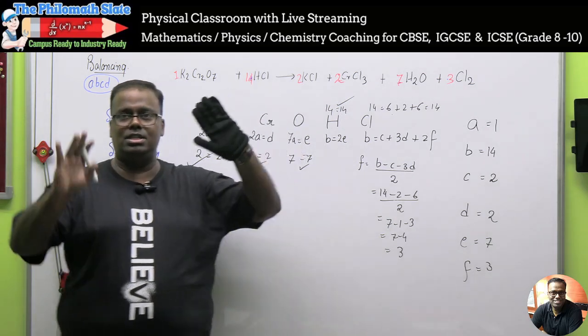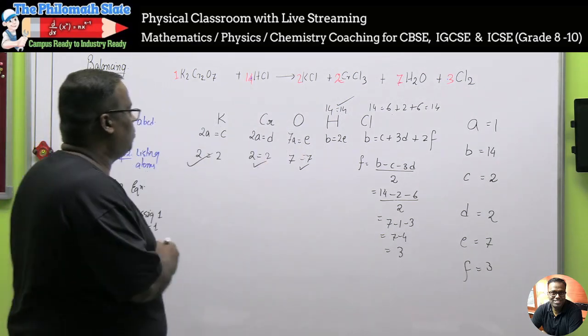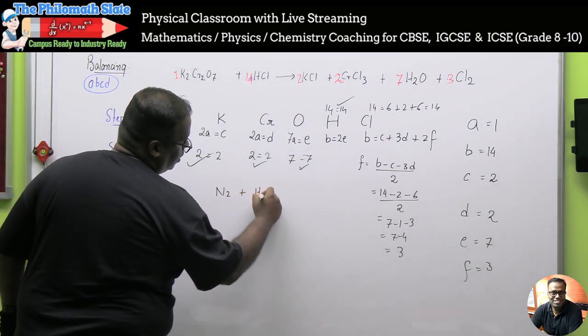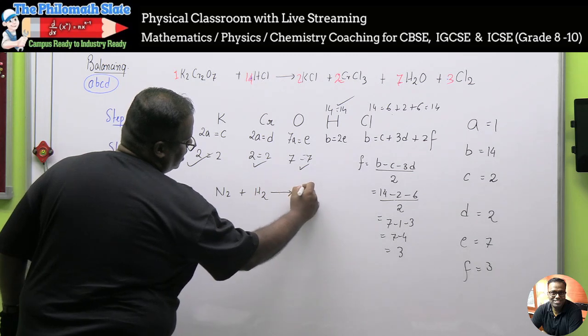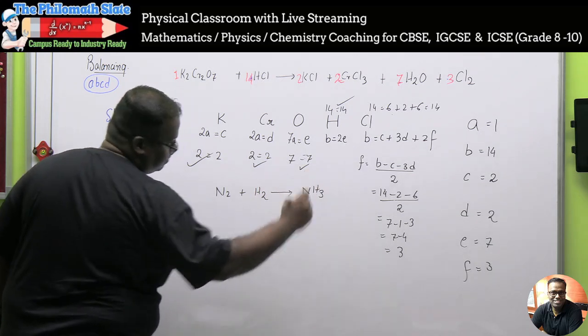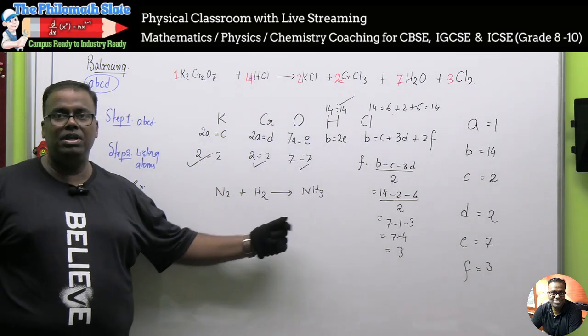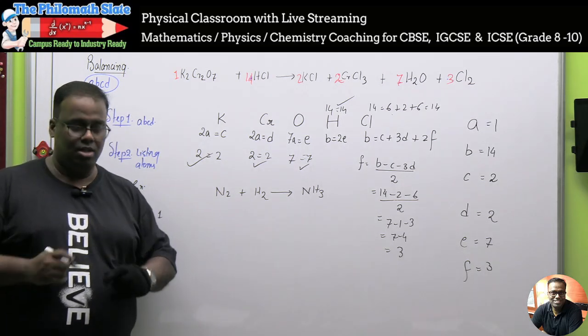Understand this one thing. I'll show you an equation. Nitrogen as a gas reacts with hydrogen, which is a gas, and forms a gas called ammonia. Look at this. Please balance this equation.